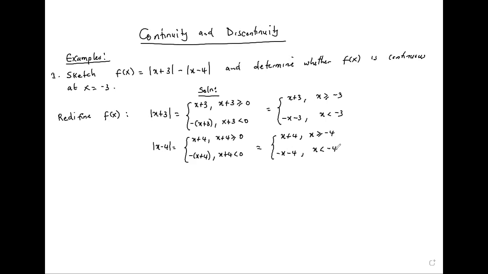Then from that, you make a table of values with these two numbers, -3 and -4.